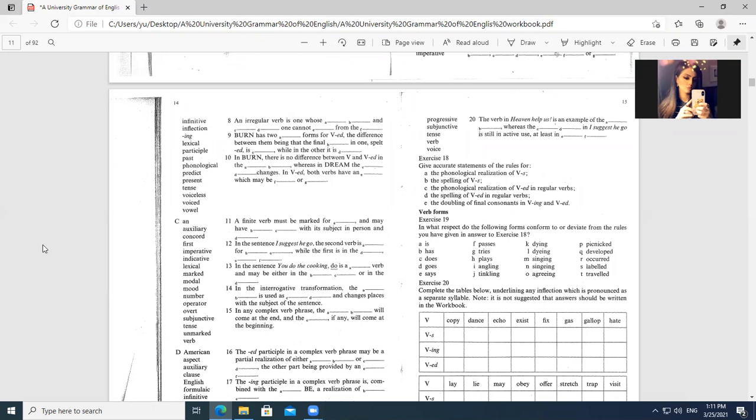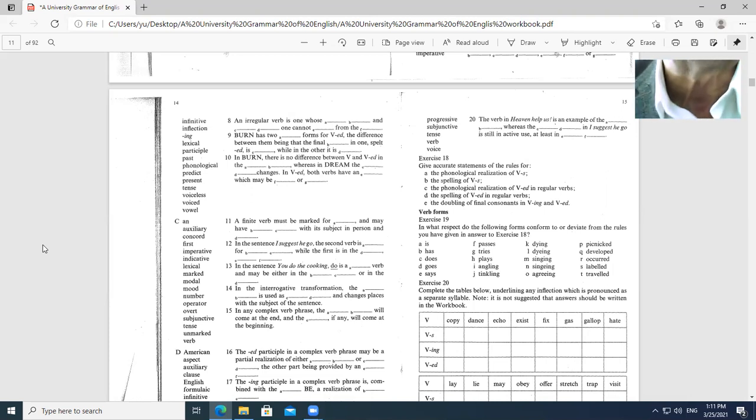Burn has two phonological forms in ed, the difference between them being that the final consonant in one, spelled ed, is voiced, while in the other it is voiceless. Voiceless, yes.